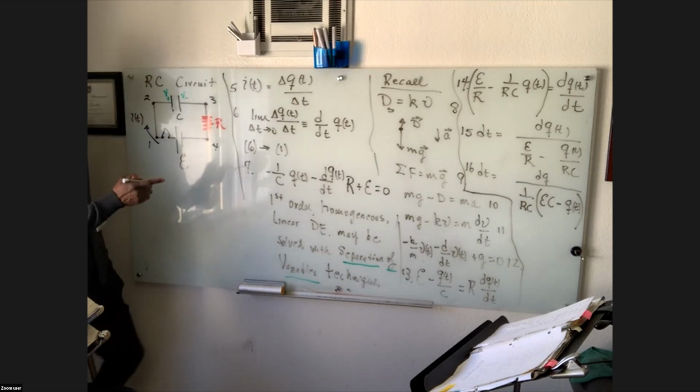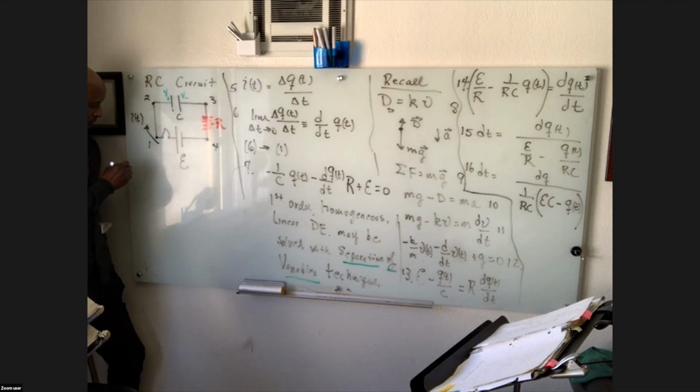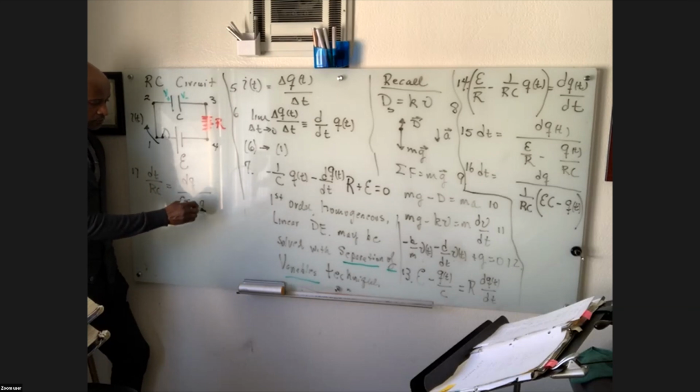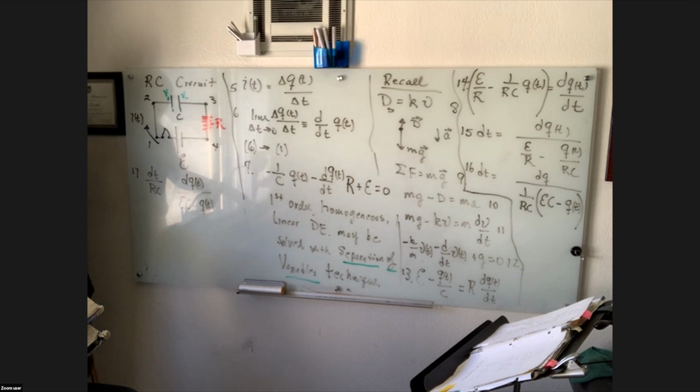So multiplying equation 16 through by 1 over RC, I'm going to have dt over RC equals dq over EC minus Q. I'll put the time dependence back in, Q of T here, just to emphasize what is constant and what is not. So that is a separated equation.